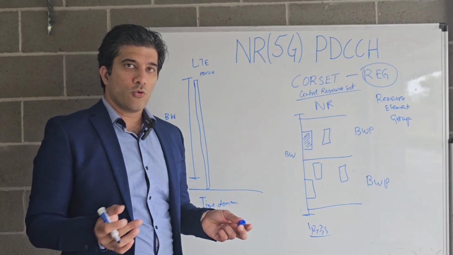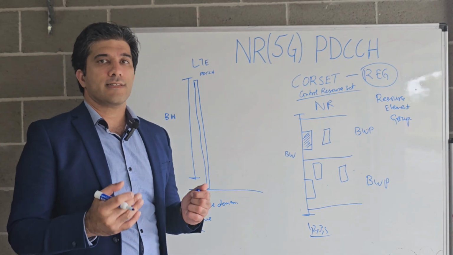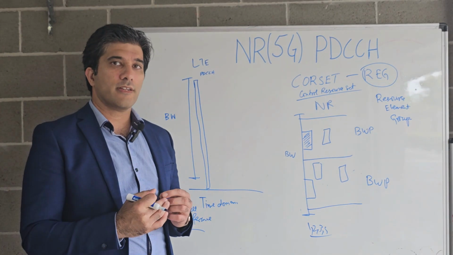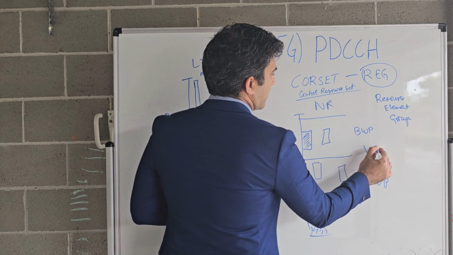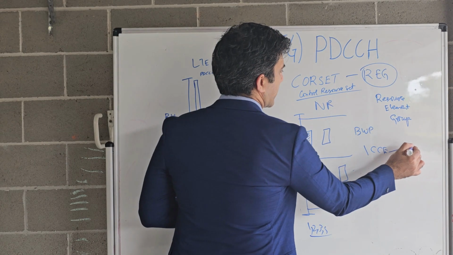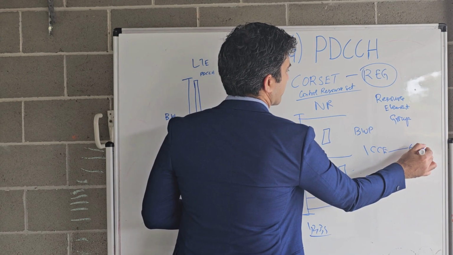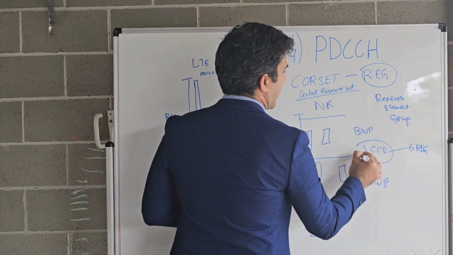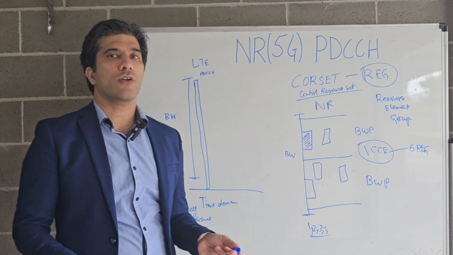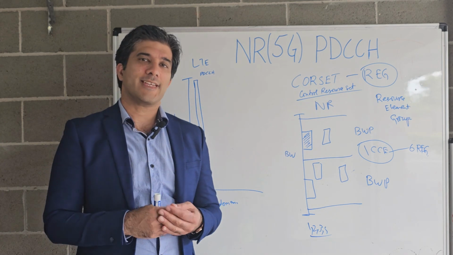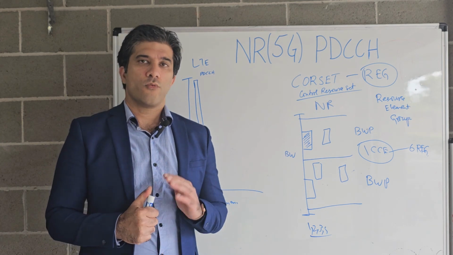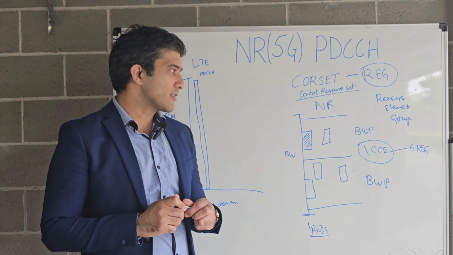You might know from one of my other videos that PDCCH is transmitted in the form of control channel elements. 1 CCE is 6 REGs, and based on the aggregation level of your PDCCH, you can have 1, 2, 4, 8, or 16 CCEs for that one PDCCH to be transmitted.